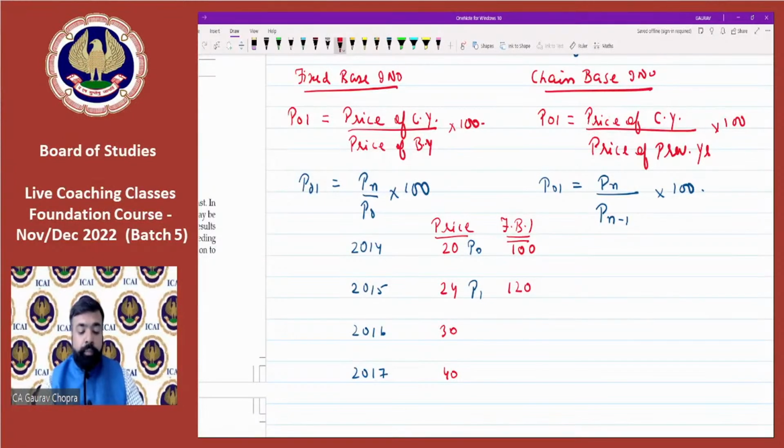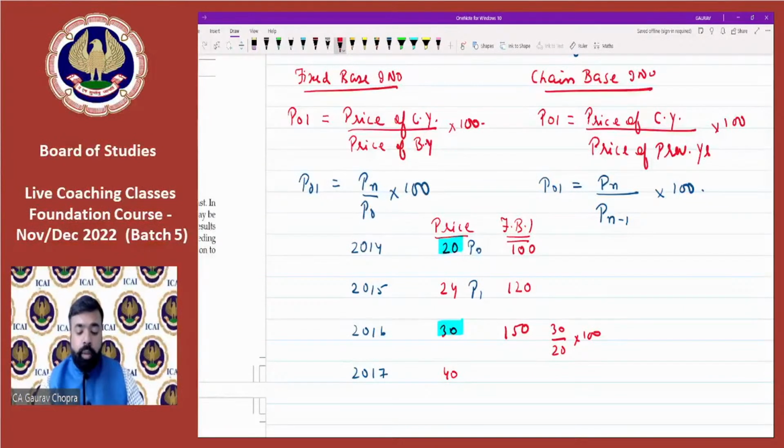Then for 2016, 30 upon 20 into 100. How much are we getting? 150.